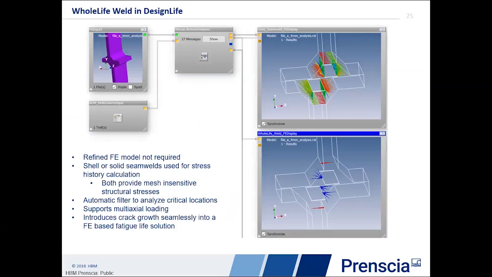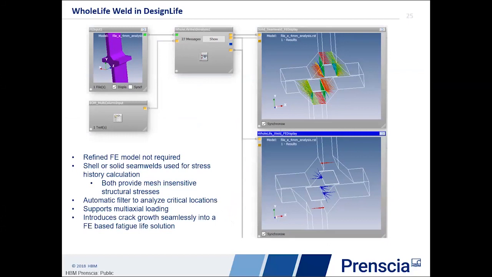The way this is going to work is we have a structure that's been created to do weld fatigue using the standard seam weld technology, and that could be a coarse solid model or it could be a shell model. Again, we're not forced to use a very detailed model to get the loading that's going into the welds.